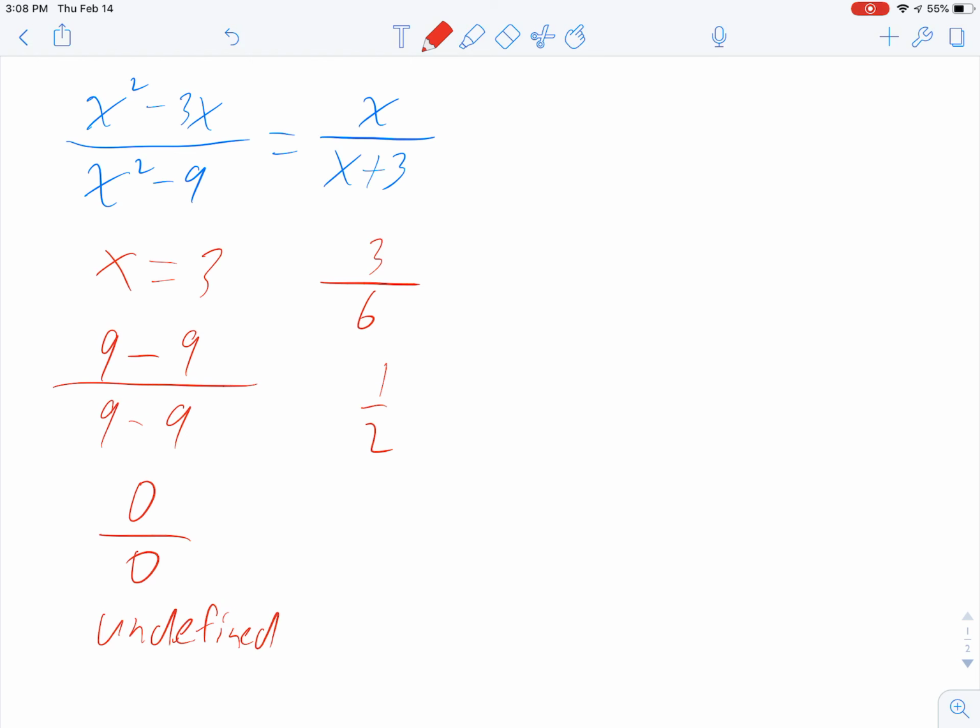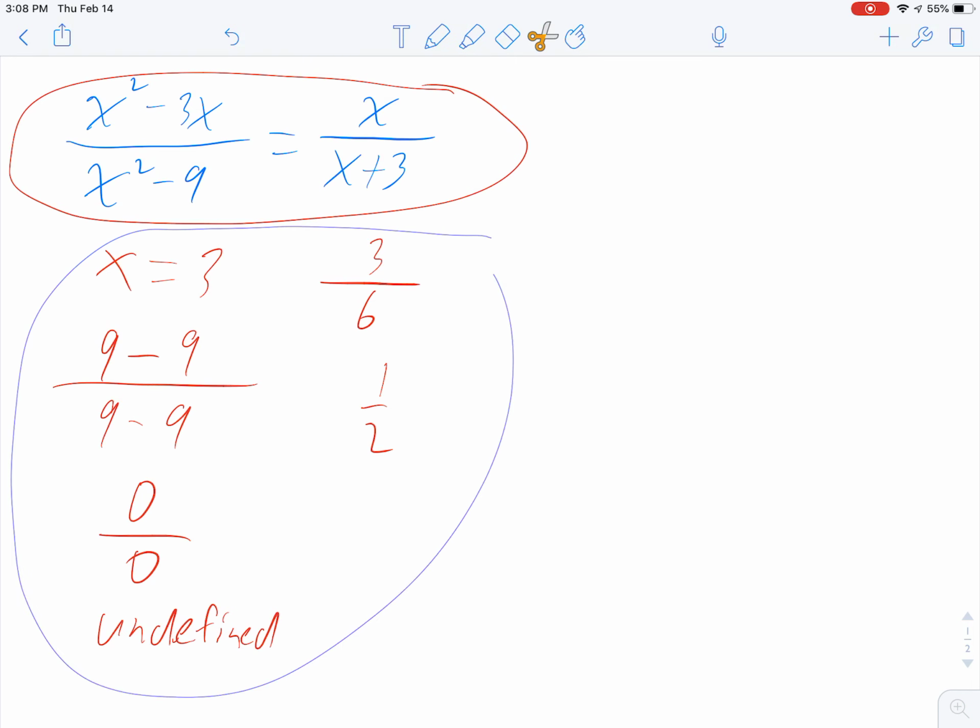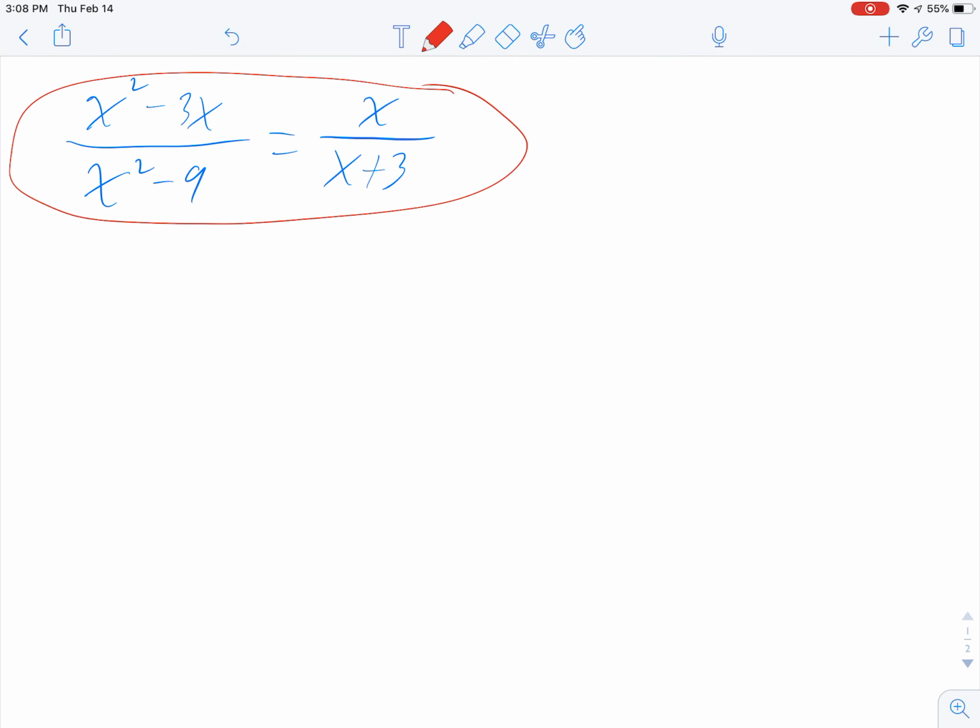So anytime I make a claim like this, it's true, I have to say it's true for all x values except the ones that make the denominator 0. So if I look at my original problem, I'm going to get rid of all this for now. I'm asking myself, what would make the denominator be 0?